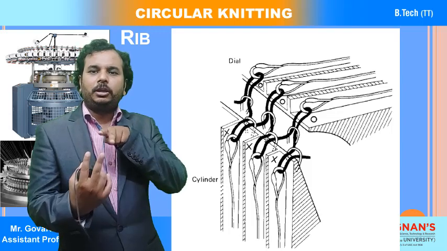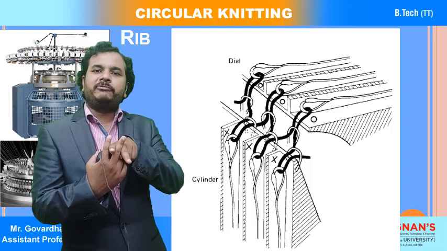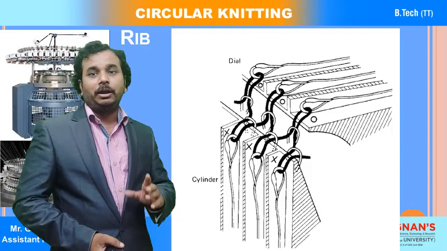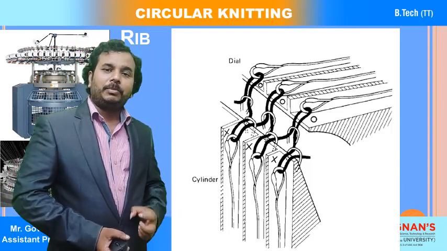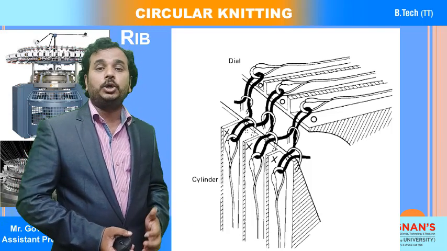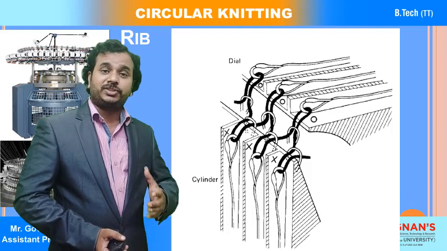In between the needles, these needles are raised up so that we are feeding the yarn. So there is no possibility of clashing or damage of needles. At a time, the cylinder needles as well as the dial needles are operated to manufacture the rib kind of structures.